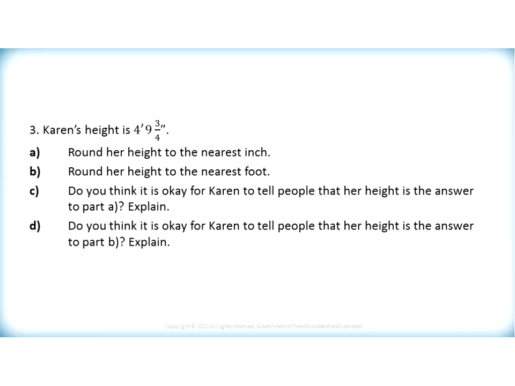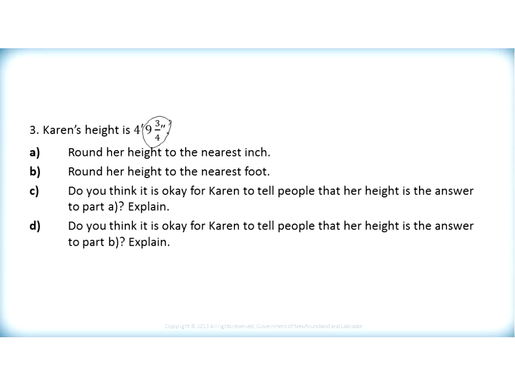Okay, this is the last question we're going to look at. Karen's height is 4 feet 9 3/4 inches. First question is to round her height to the nearest inch. So we have to look at the inch portion of her height. Right here we have 9 3/4 inches.